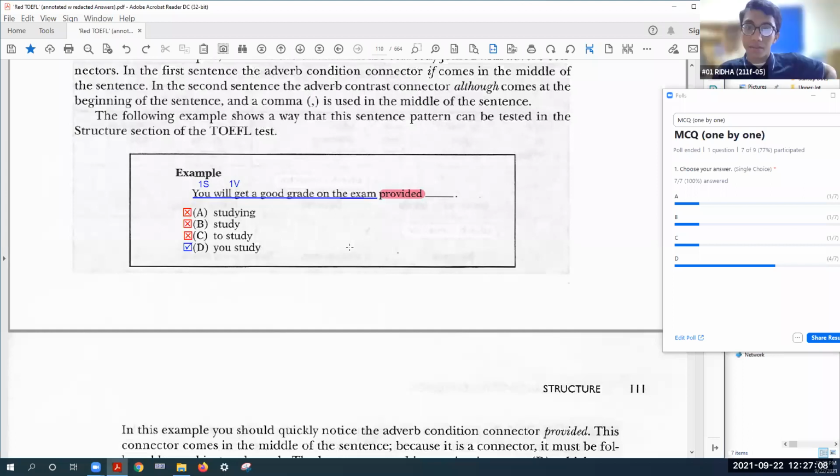Well, the dependent clause takes the connector. So you have the connector, then subject and verb, right? Connector, then you study. So I want to put brackets there.